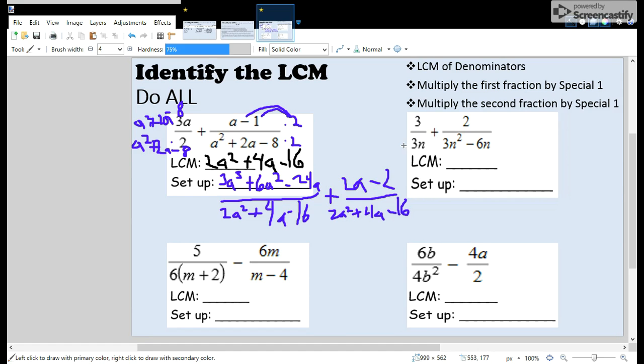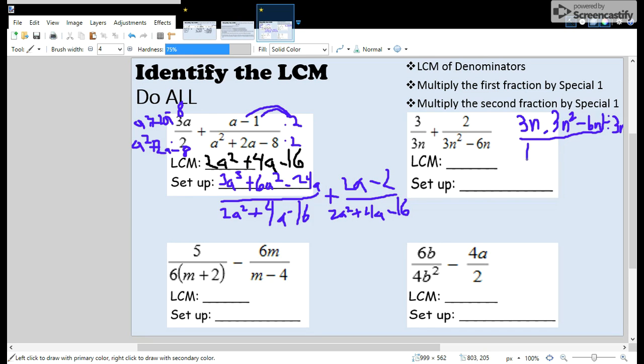Okay, on the next one, we can go ahead and use our cake method. So let's set that up. We write our two denominators and we see what both of them divide by. Looks like they both divide by 3n.